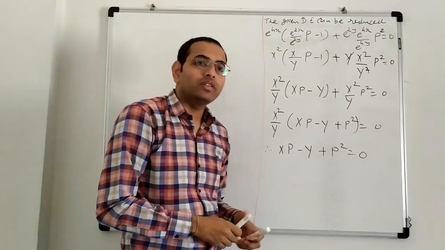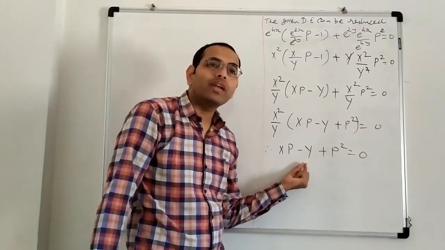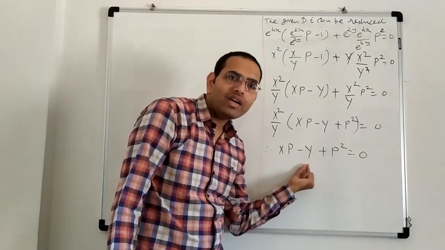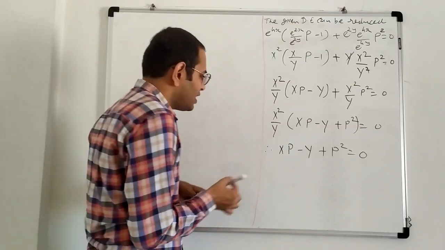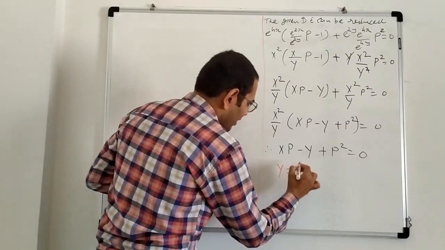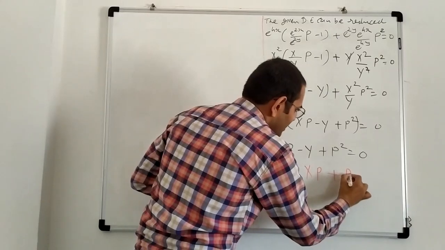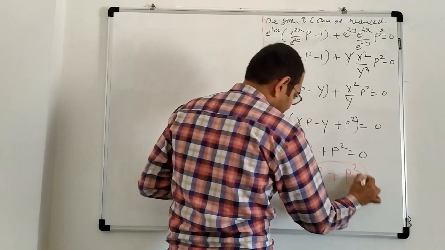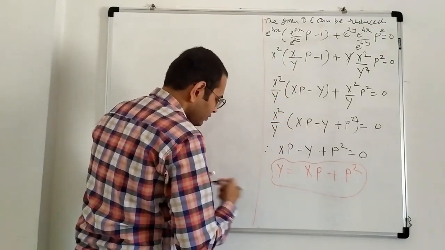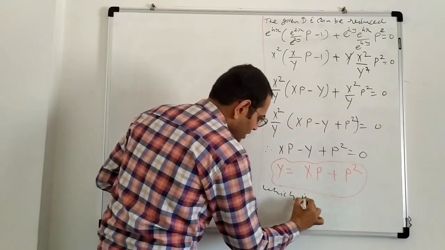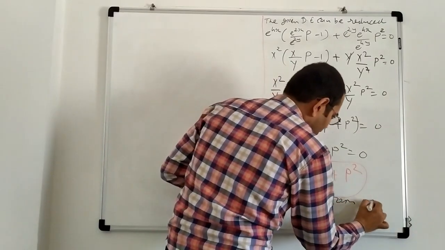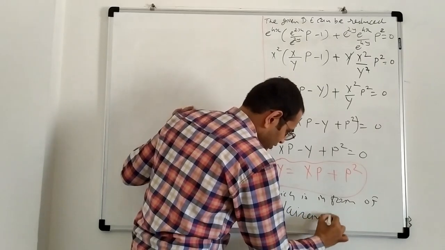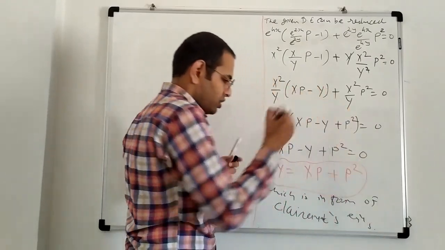In this equation, we convert to the form of a Clairaut equation. To make Y the subject, Y equals XP plus P², which is a function of P, in the form of a Clairaut equation.